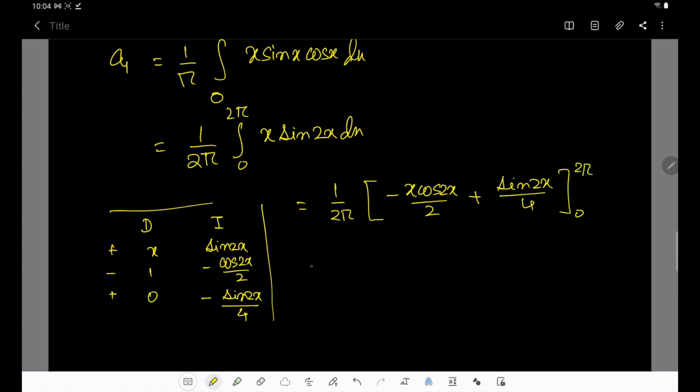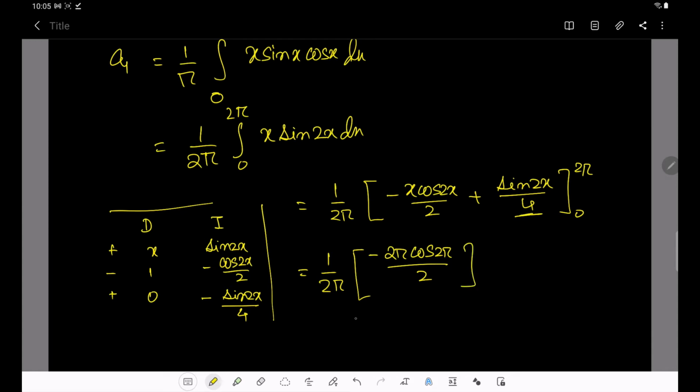Limit is this. So 1 by 2 pi, and here again we are getting minus 2 pi cos of 2 pi by 2, and this term will produce 0 for sin 2 pi, and 0 will be produced by every term if we use this lower limit.